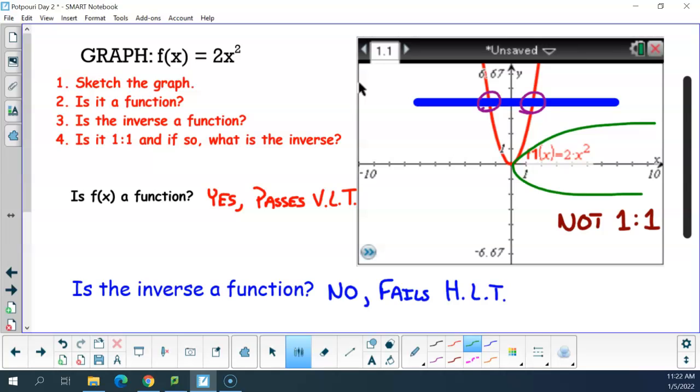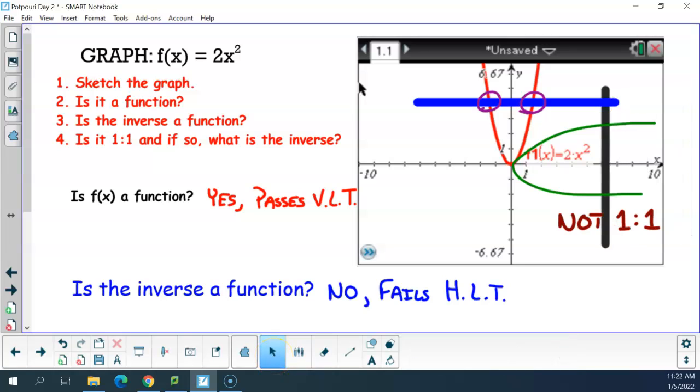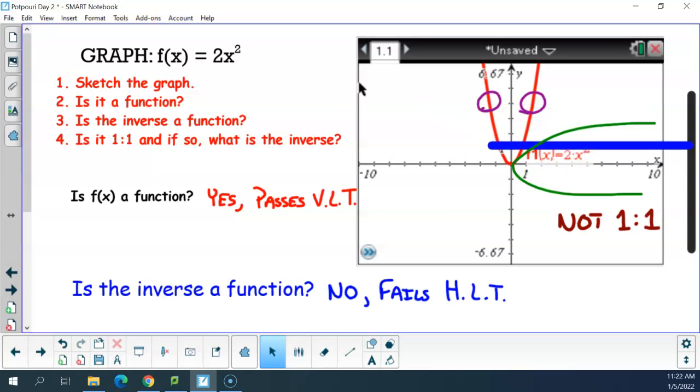If I'm looking at the green one as my function, the green one is the inverse of the red one. But if I start with the green one, it doesn't pass my vertical line test, right? But it does pass my horizontal line test. With me?